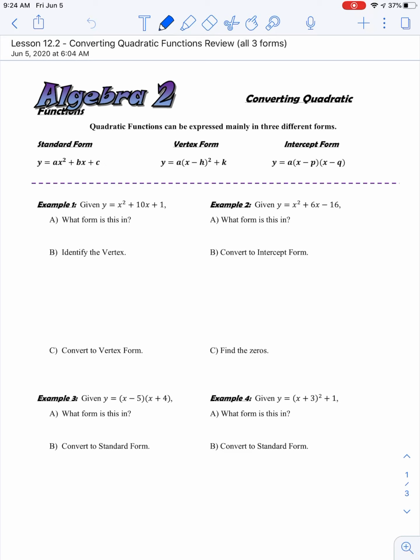We're given y equals x squared plus 10x plus 1, which is standard form, and we want to convert to vertex form. So to convert standard form to vertex form, we can go ahead and find the vertex. With standard form, we do opposite of b over 2a. Negative 10 over 2 is negative 5.